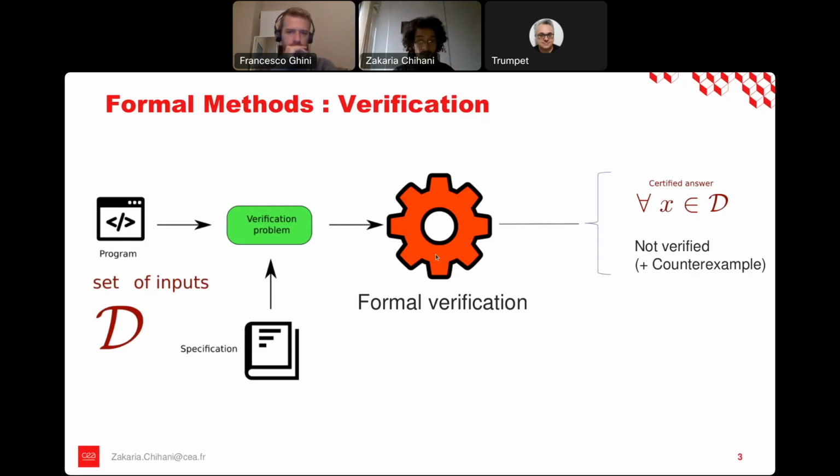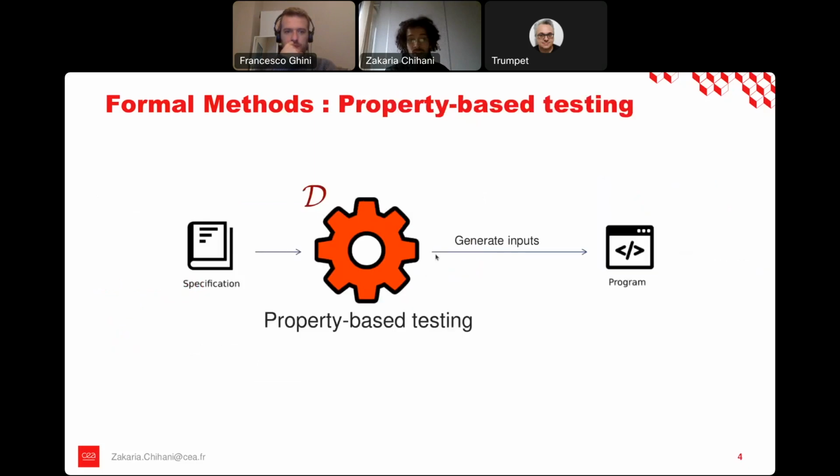And the good thing about this is if the tool says the property is validated, you're as sure as you can be that the property is indeed validated, as sure as we can be today with the knowledge that we have, based on math and logic again. So this is verification. The other side I'm going to talk about is property-based testing. This is a testing framework, but a principled one that is based on formal methods.